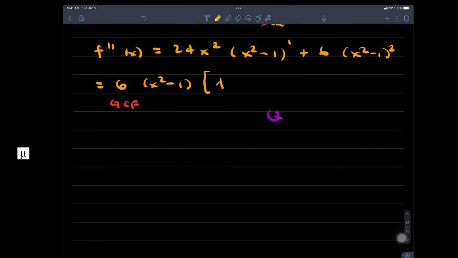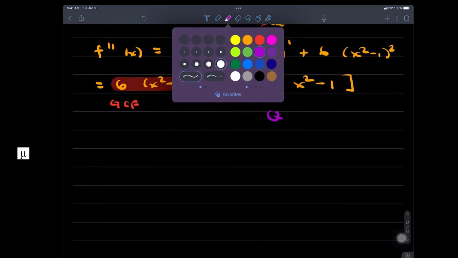It's going to be what? 4x squared plus x squared minus 1. Could you guys double check if that's okay? All right, double check that this is our greatest common factor, and then this is going to be our quotient.